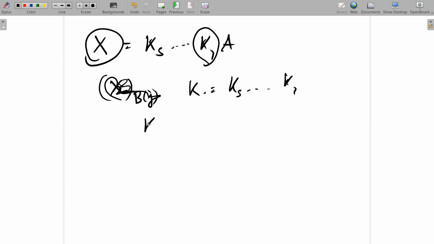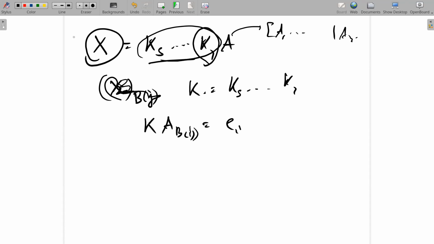then K times ABi is nothing but Ei. That's because you can think of A as the matrix A1 all the way up to AN, and the jth column vector of X corresponds to K acting on the jth column vector of A. So K ABi is converted to Ei.